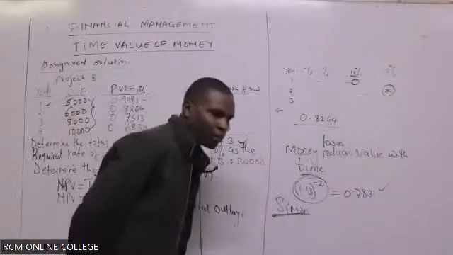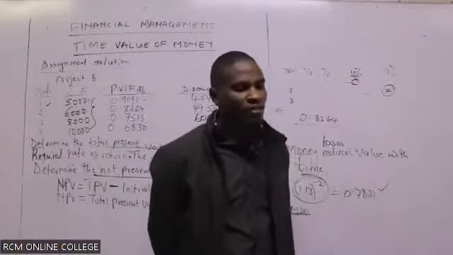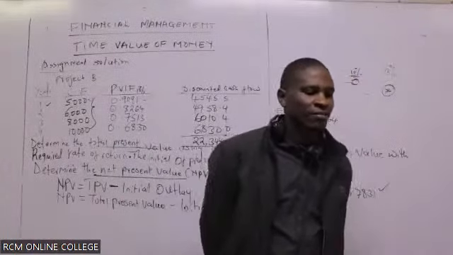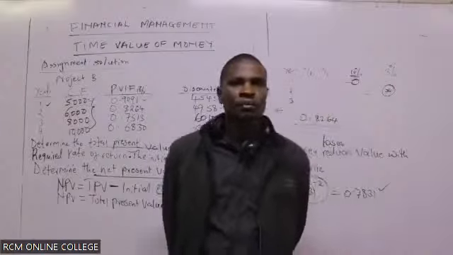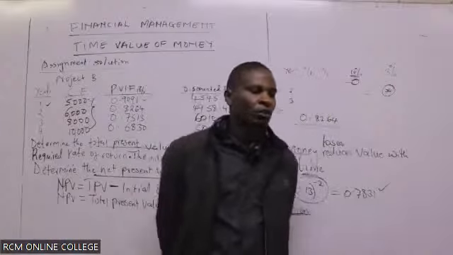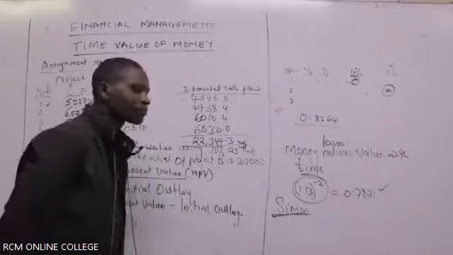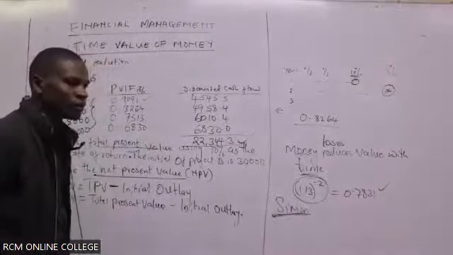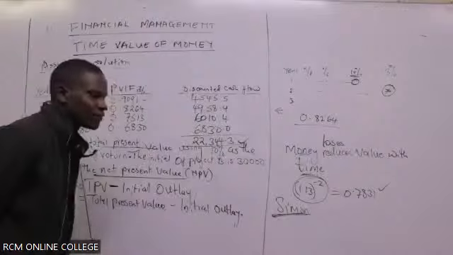I am also getting negative 7655.7. Now I have a contradiction here. So I want a third person to confirm. Is it a negative? Is it a positive? Negative? Thank you.